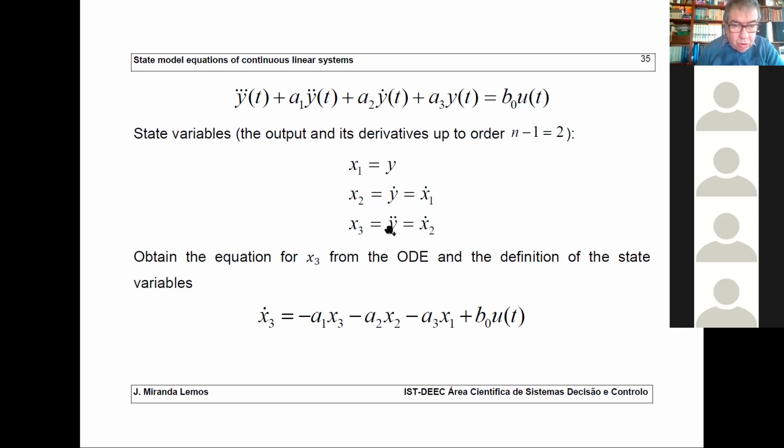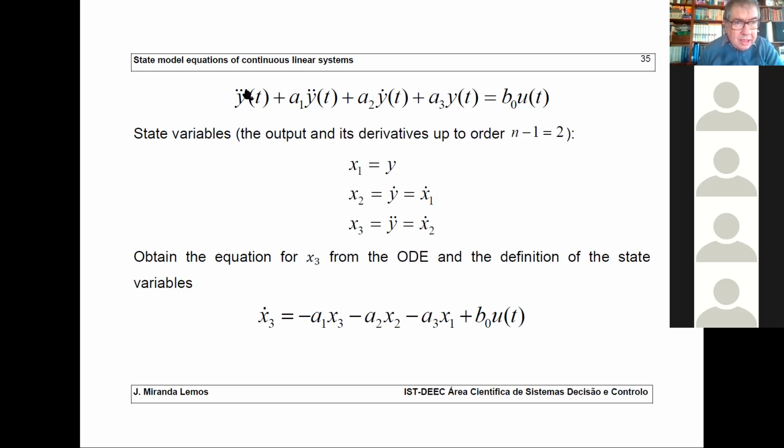So to get the equation for x3 dot, what I do is to use my differential equation that is equivalent to the transfer function. So I come here to the top and I say, well, y is nothing more than x1. So I put here a3 x1. Y dot is x2, a2 x2. And y double dot is x3, so a1 x3.